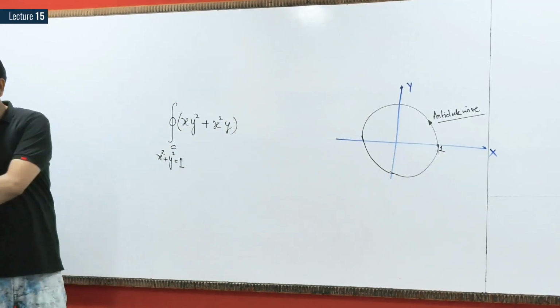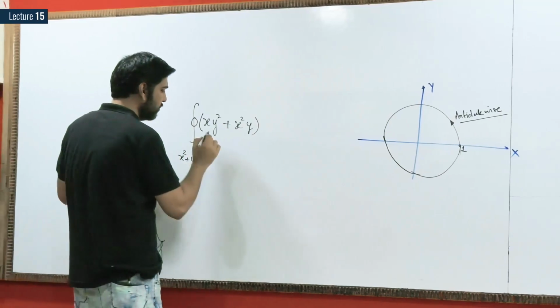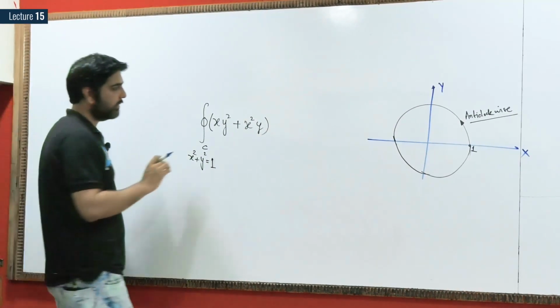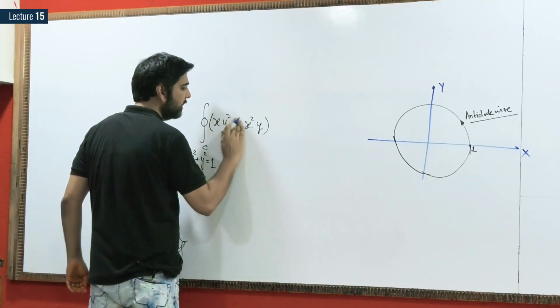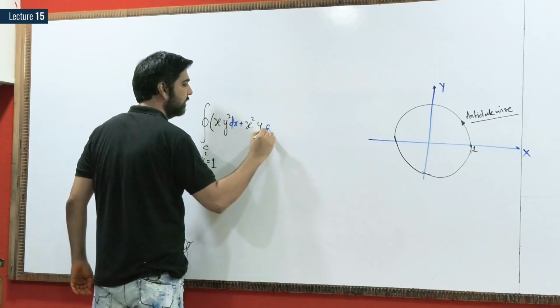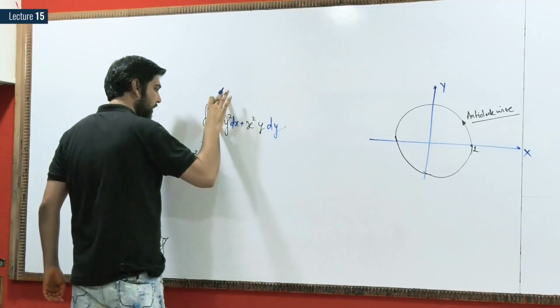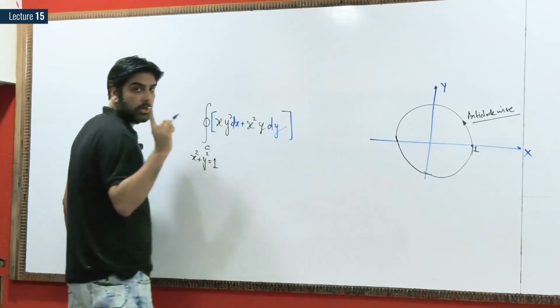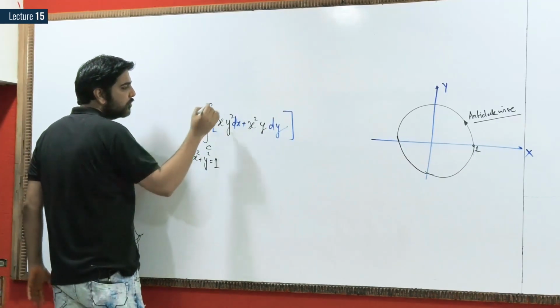So it is really a 2-second question. Why is it a 2-second question? It is with dx, so I am writing dx here, plus dy here. Let us have a big bracket.